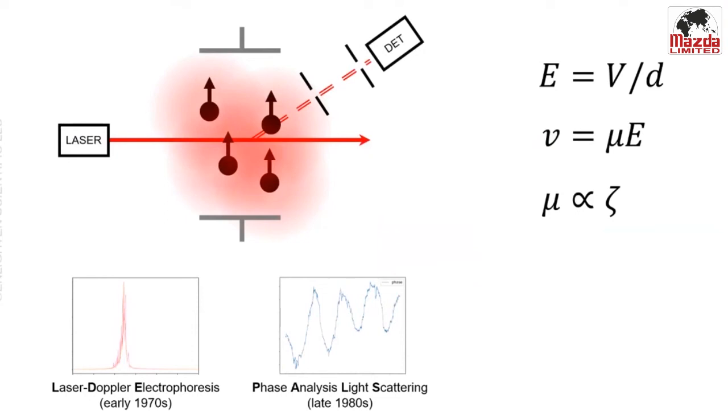I've developed a next-generation electrophoretic light scattering system that does allow you to get the zeta potential distribution at these higher electrolyte concentrations. But there's another problem that arises with using high salt concentrations, and it also relates to the electrodes.